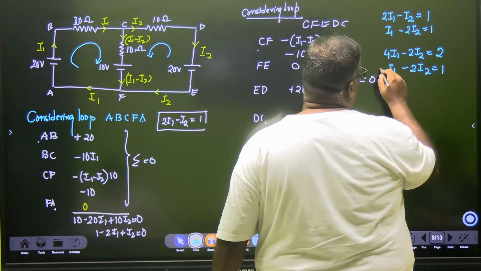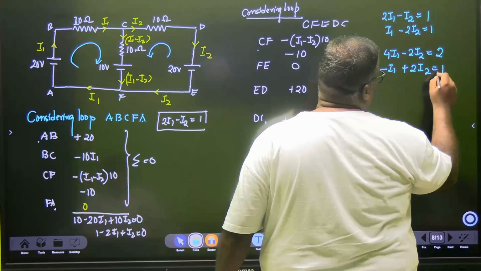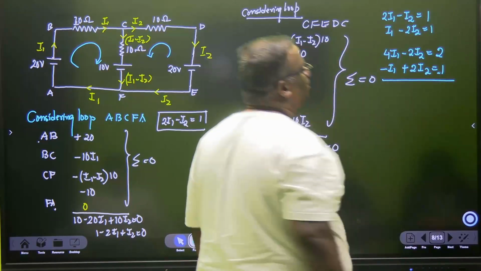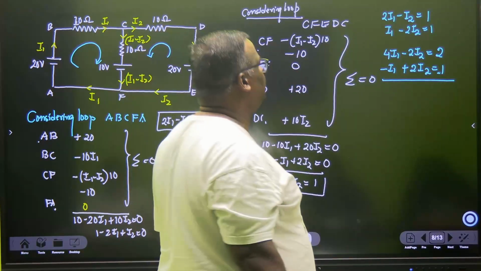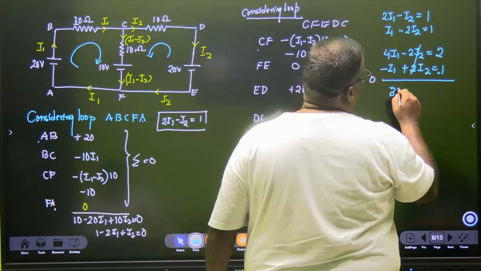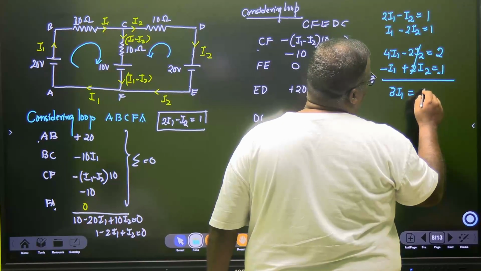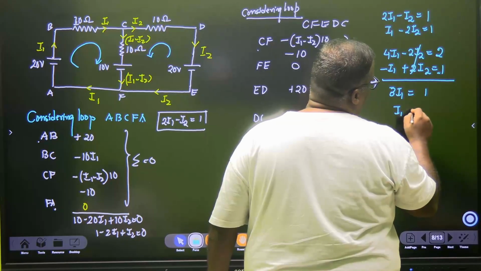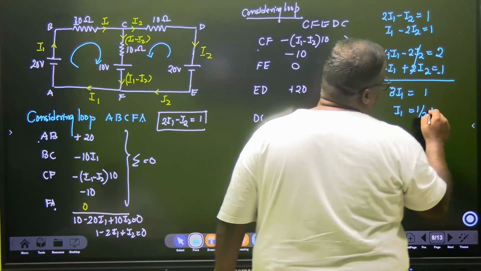So this becomes minus plus minus. Now we add them. So this cancels. I get how much? 3I1 is equal to 1. So I1's value is 1/3 ampere.